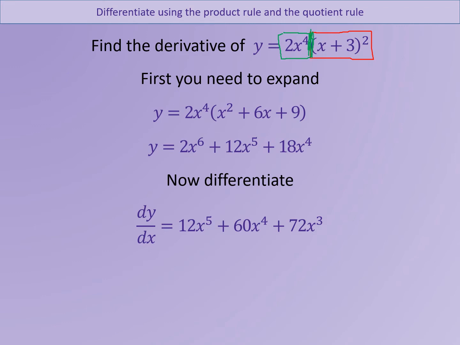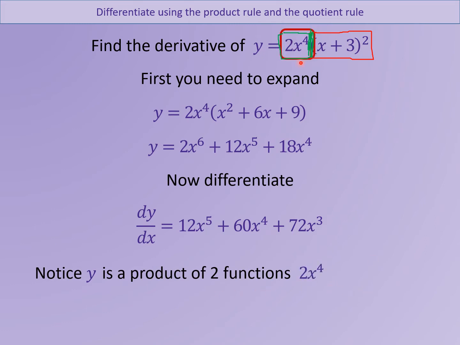But what's happening to those two functions? They're getting multiplied. Now, multiplying is what's called the product. So notice this is a product of two functions, the 2x to the power 4, as it's showing there, and then the x plus 3 squared. Okay, so it's those two functions that are getting multiplied together.